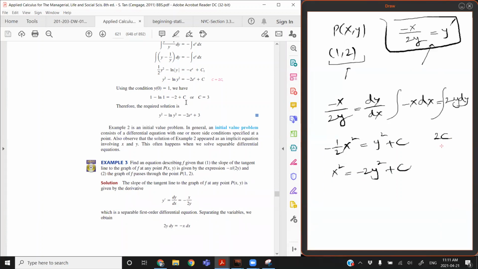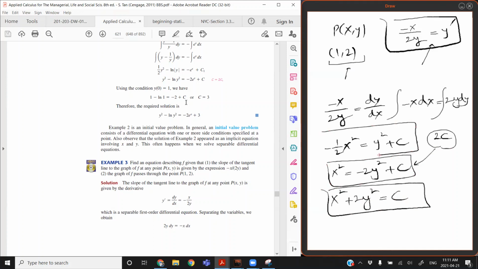Yes? So I can replace 2c with c because it's an arbitrary number. So it becomes x squared plus 2y squared is equal to c. So that would be the general solution. Or I can leave it like this, or I can leave it like this, doesn't matter. All of these are good as the general solution.